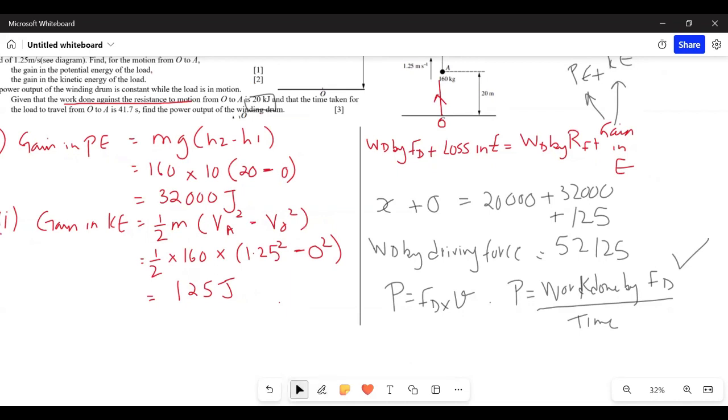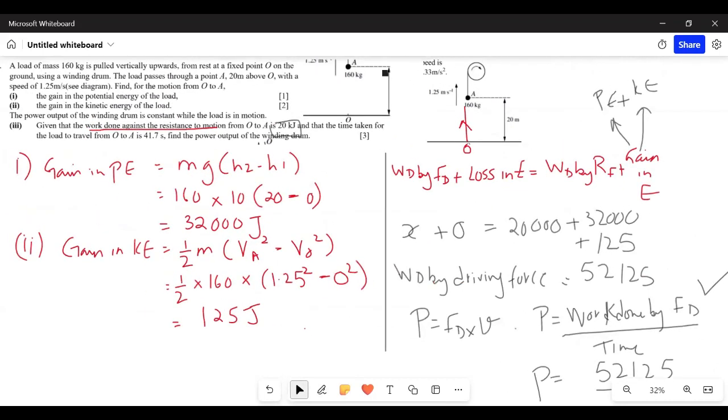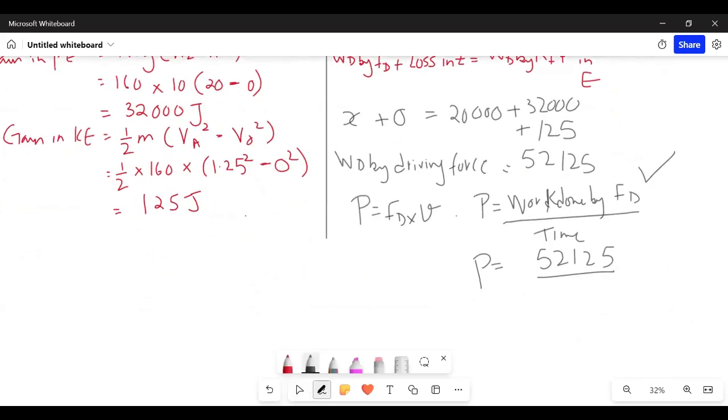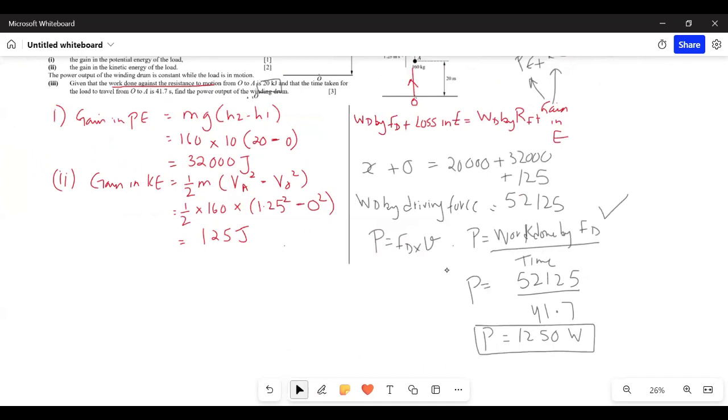So इससे power आ जाएगी. So power is equals to 52125 over time, which is 41.7. 1250 is the answer, and the unit is going to be watts.